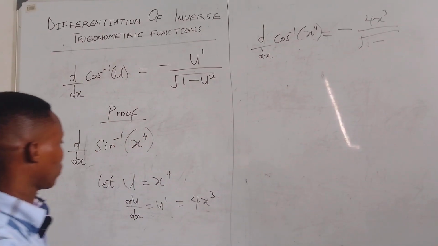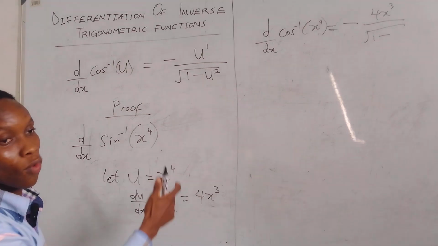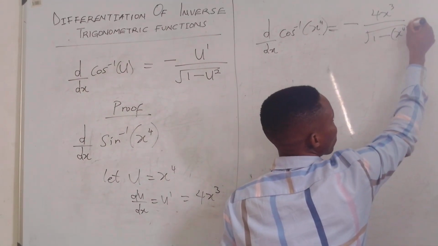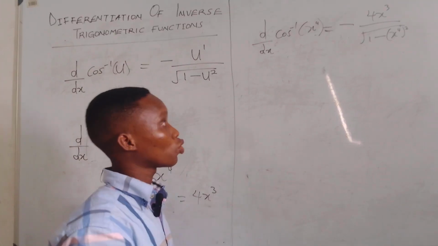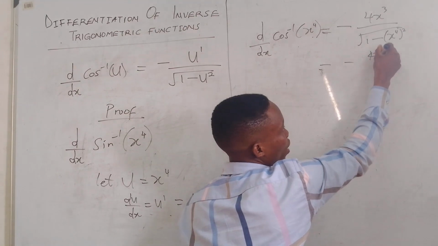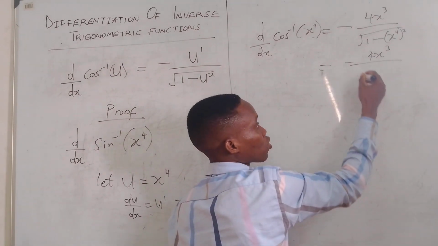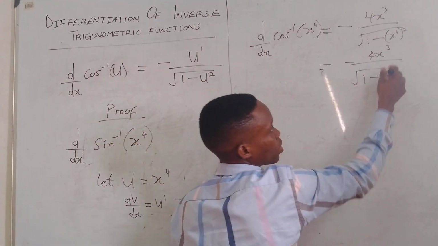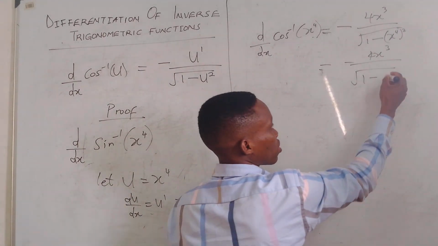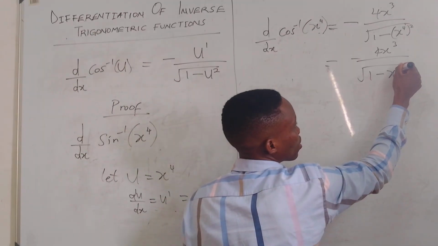Now our u is what? From here we get our u to be x power 4. So put x power 4, all squared. Good. So with this, we simplify. Minus 4x power 3, all divided by square root of 1 minus, and here the square multiplies the 4 there to give us x power 8.